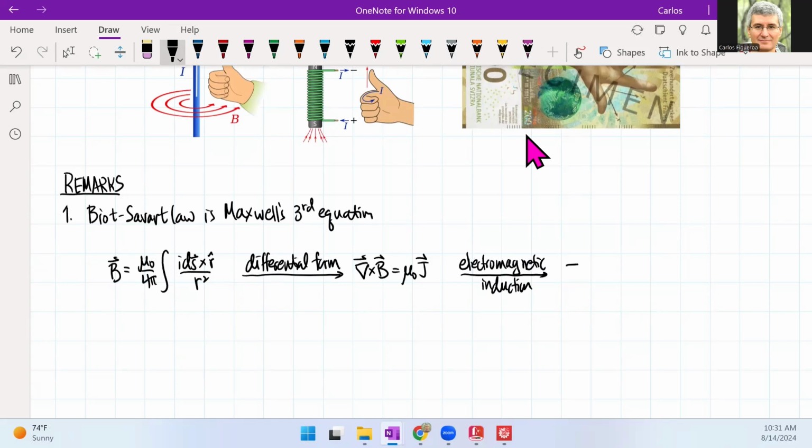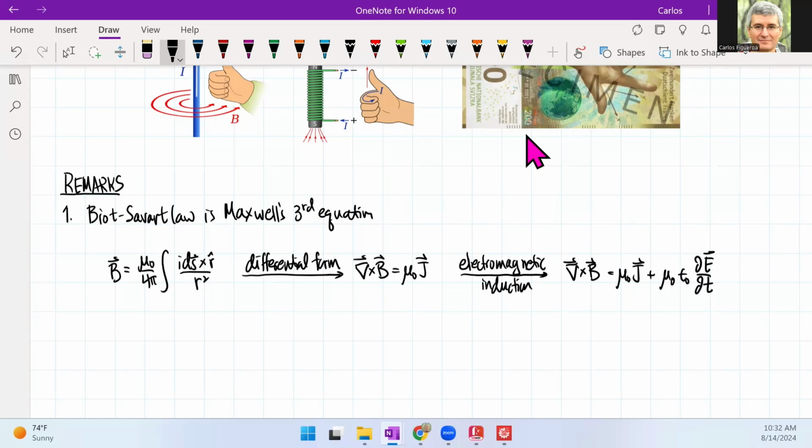You're going to see that in special circumstances, there's a new term that comes in, which includes the time rate derivative of the electric field. So in chapter 10, we will add that term to the Biot-Savart law.